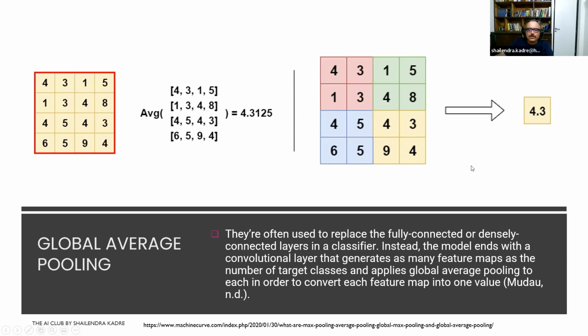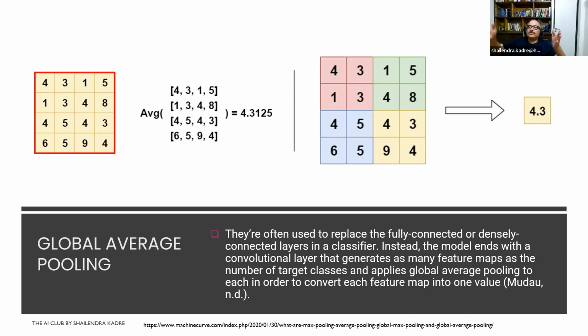So here also, they are often used to replace fully connected or densely connected layers in the classifier. Instead, the model ends with a convolution layer that generates as many feature maps as the number of target classes and applies global average pooling to each in order to convert each feature map into one value.